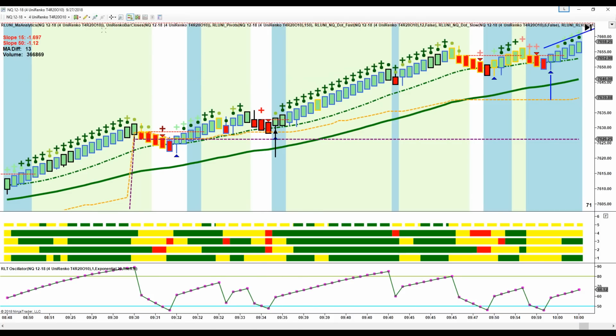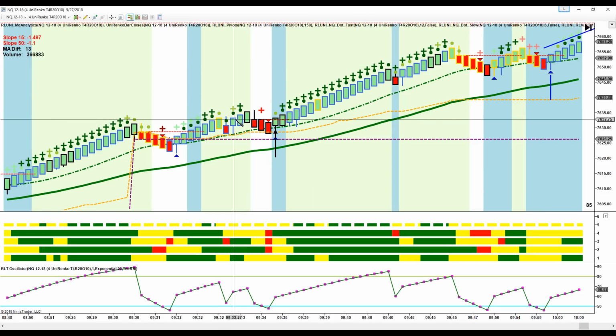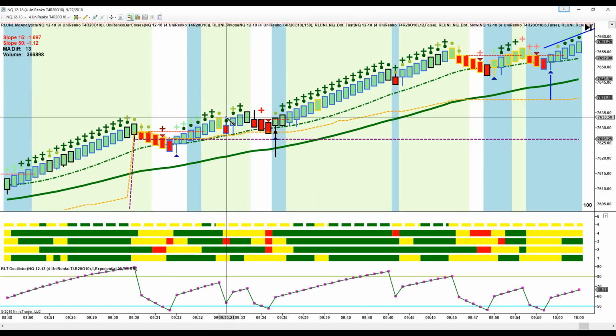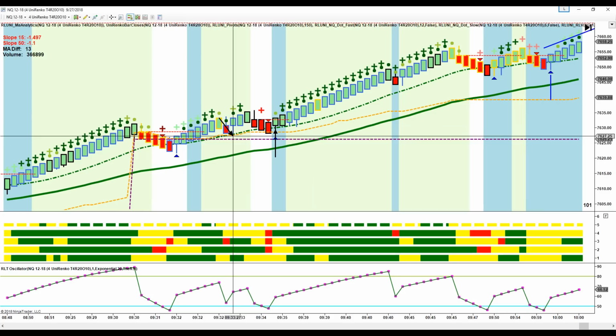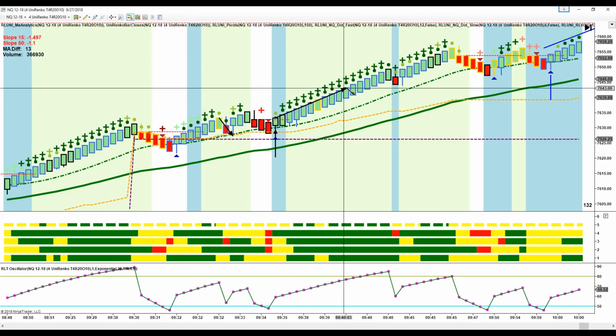What happens is that it takes 25 ticks to create a reversal candle from here to here, but it only takes, on this chart, 4 ticks to create a new candle to the upside.